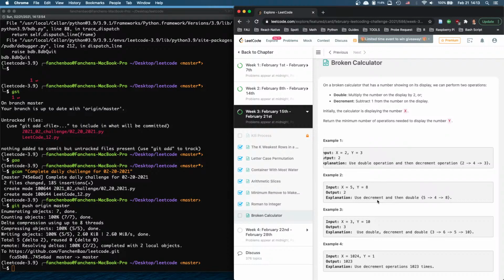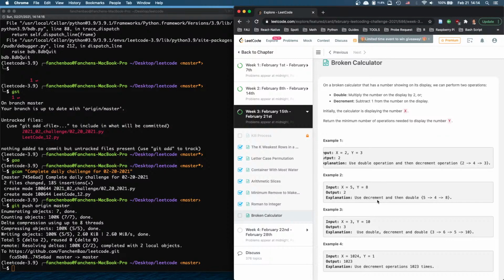We double it until a number whose double is larger than y, and then we stay at that value. Then we know doubling it will be larger than y, so we decrement it until we hit a value that, once we double it, is equal to y.